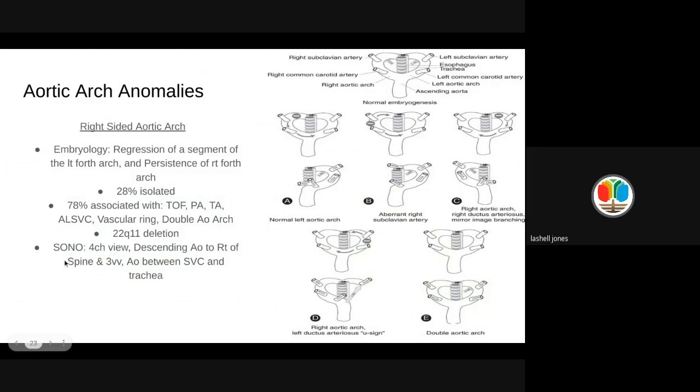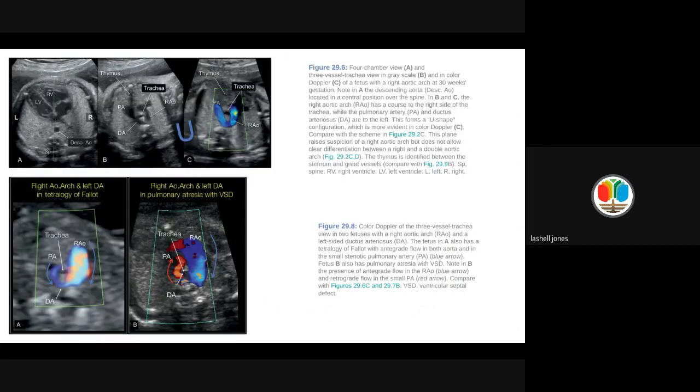Now in the four-chamber view, the descending aorta is to the right of the spine, okay, because we're talking about a right-sided aorta. Normally it should be on the left, but in these cases, it's going to be on the right side. Through the three-vessel view, the aorta is between the SVC and the trachea. Okay, so with a right-sided aorta and a left ductus, you're going to have a U shape, which you can see here.